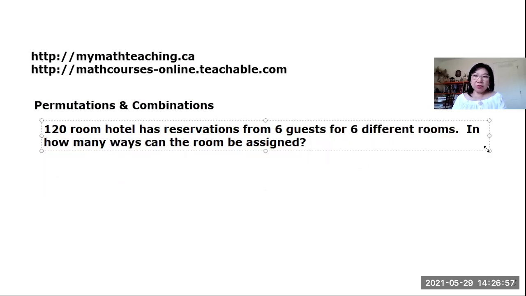Now, first we have to know, is this a permutation problem or is this a combination problem, right? Let me remind you, permutation means the order is important. For example, if you have 5 people with different names, Lan, Tom, Jim, Alice, Sam, line up for a photo, then you want to arrange these 5 people in the photo.